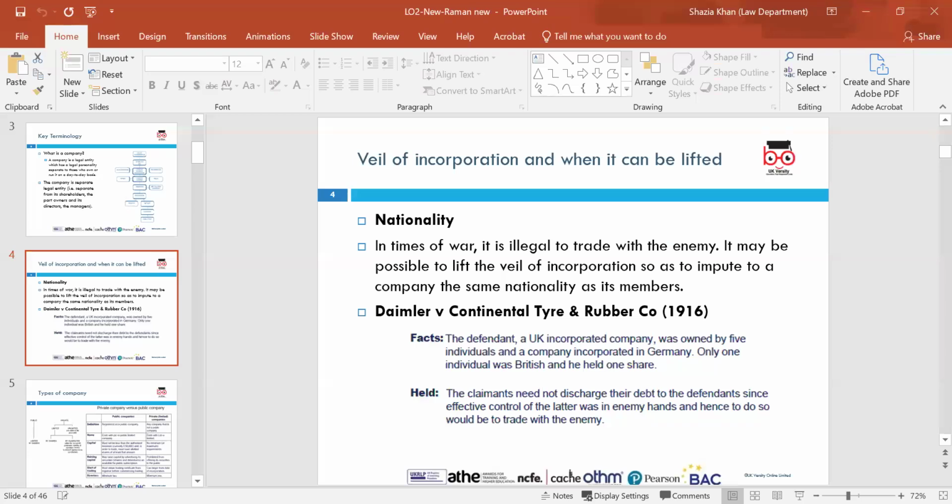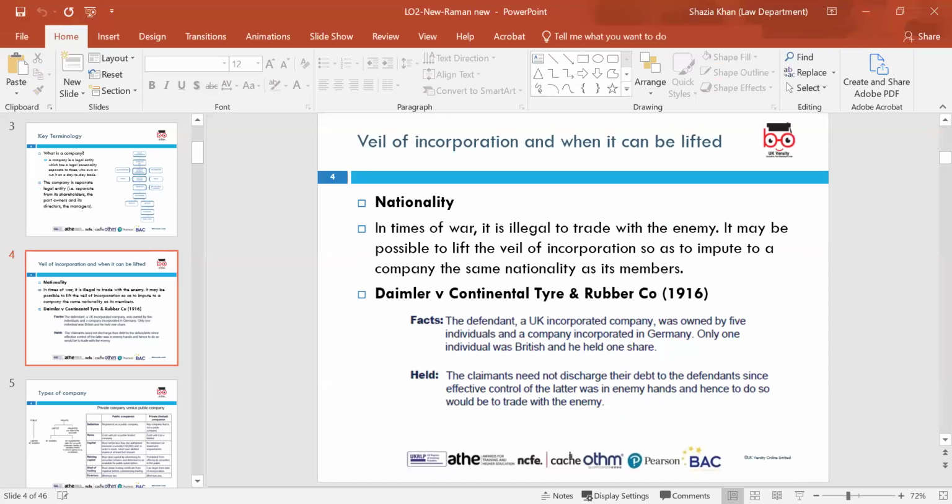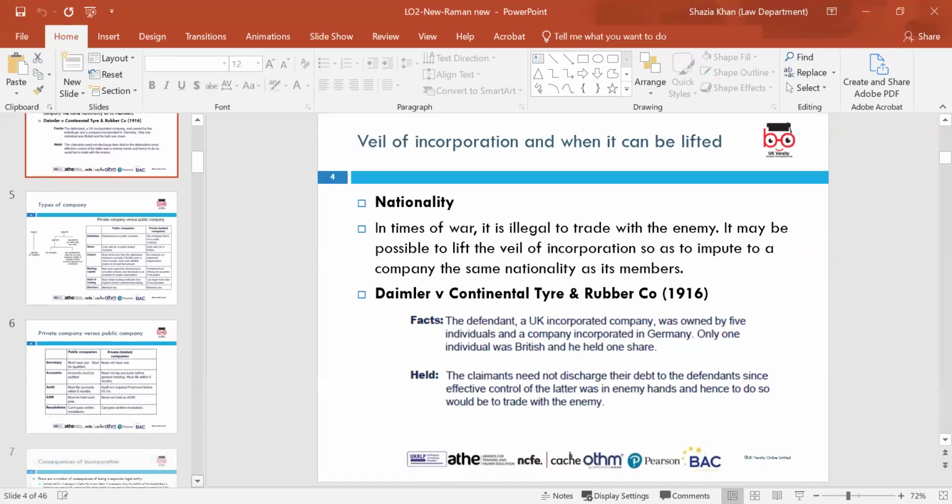When it is lifted by creditors, it makes the shareholders liable for the debts of the company. It also gets at the personal assets of the shareholders, using these assets to recover the debts of the company. So this is what the veil of incorporation actually means: to get the debts of the company recovered.